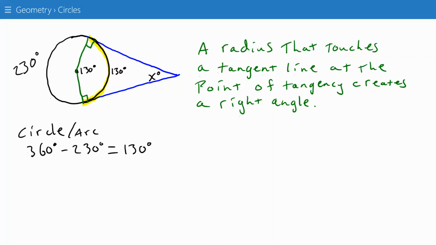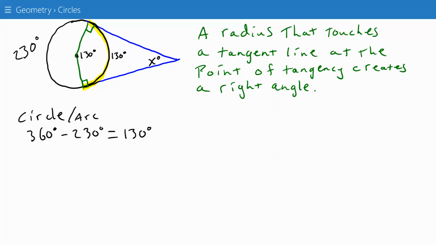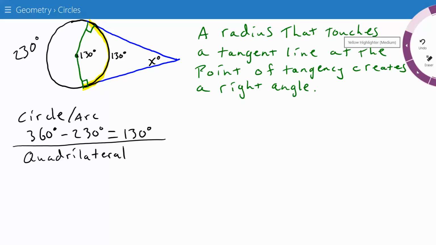Let's go up just a little bit. Now a quadrilateral has four sides. And we have created for ourselves a great quadrilateral right here.